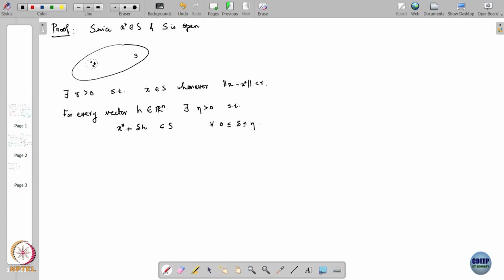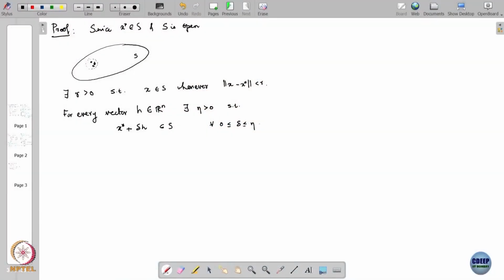So take any direction h, and take that direction and scale it down by multiplying it with a factor delta, such that x plus delta times that direction lies in the ball. So this lies in the ball and therefore in S. Is it clear? So for every vector h, there exists an eta such that one can do this.